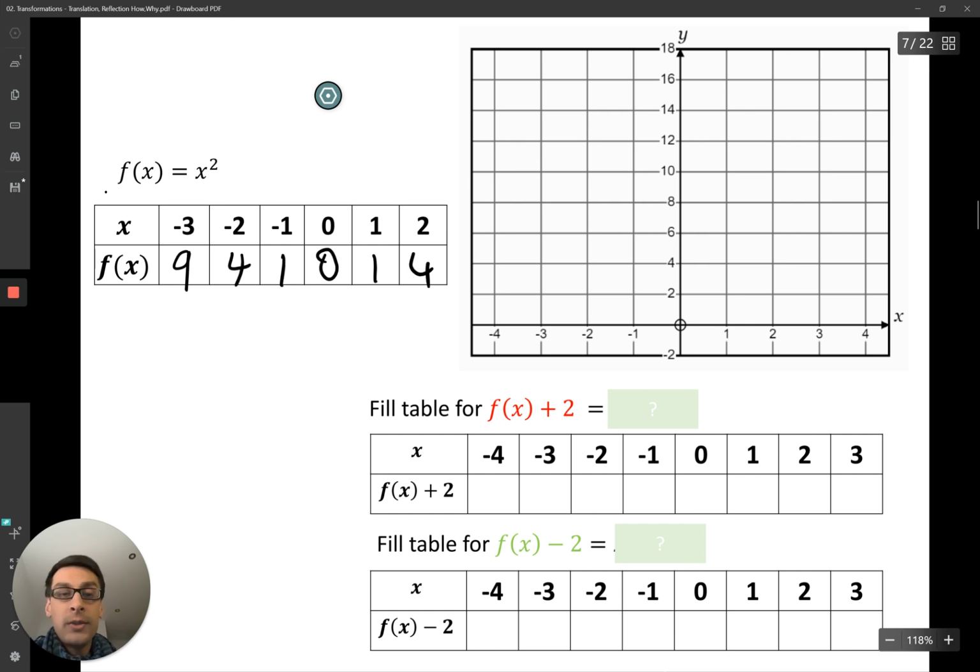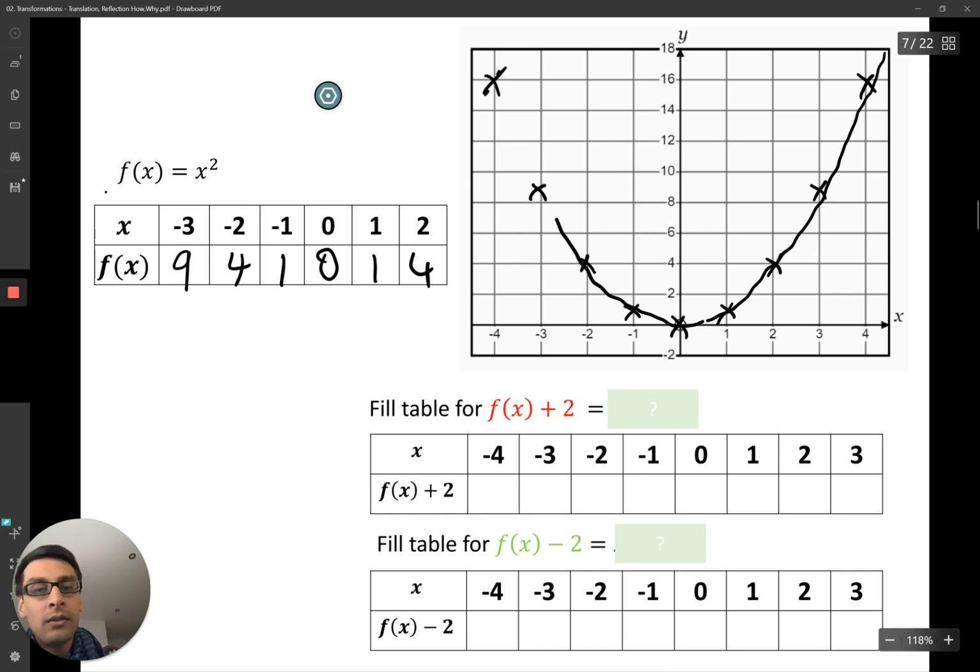You can plot those points here: 0 squared, 1 squared, 2 squared, 3 squared, and 4 squared. And I'll do the same thing on this side: 1 squared, 2 squared, -3 squared is +9, and -4 squared is 16. Then I'm just going to connect all the points up. This might not be very neat because I'm on a computer. So that's my graph, f of x equals x squared, plotted.